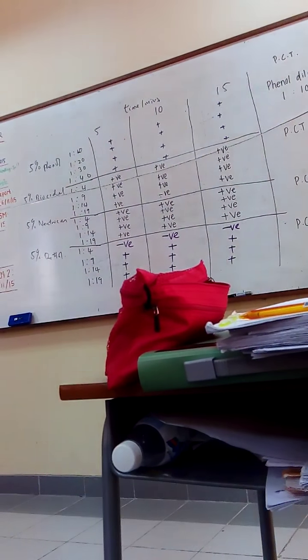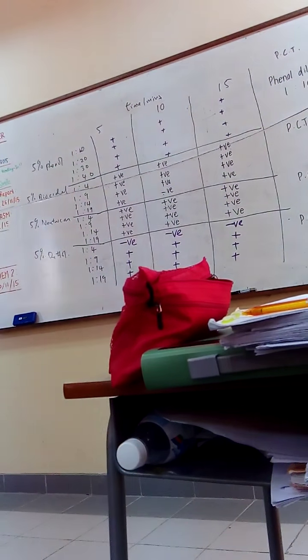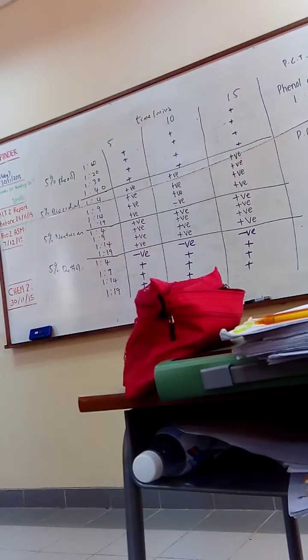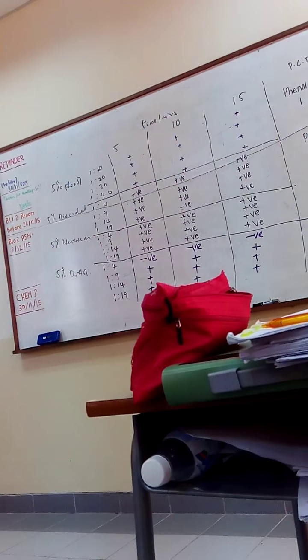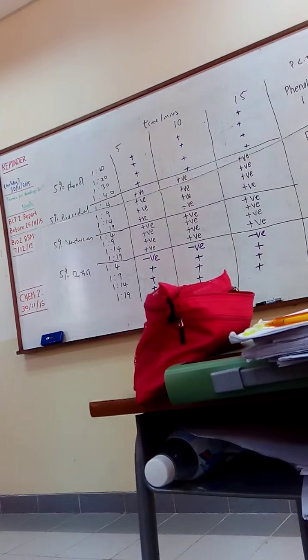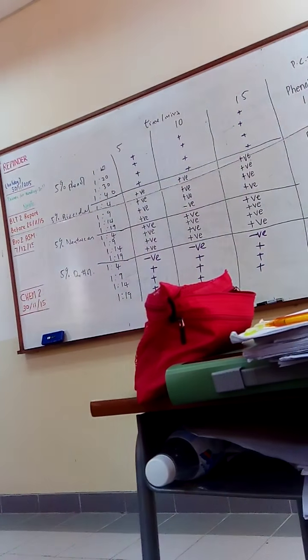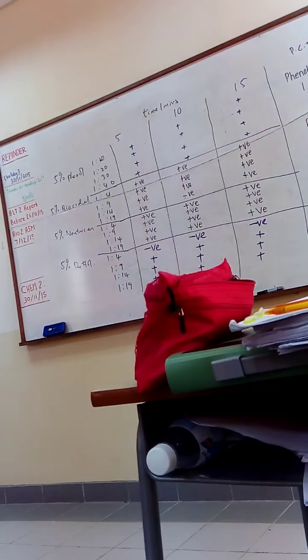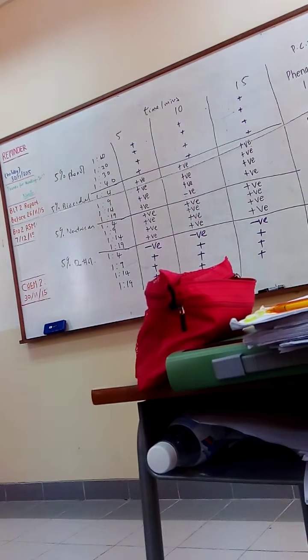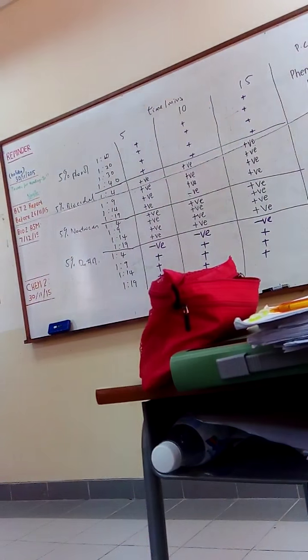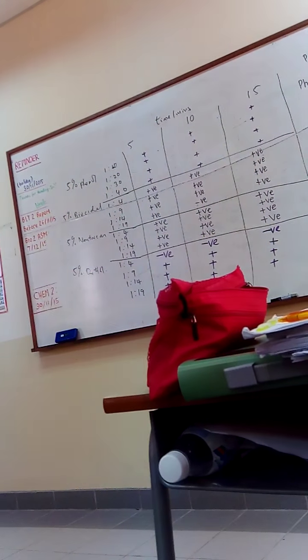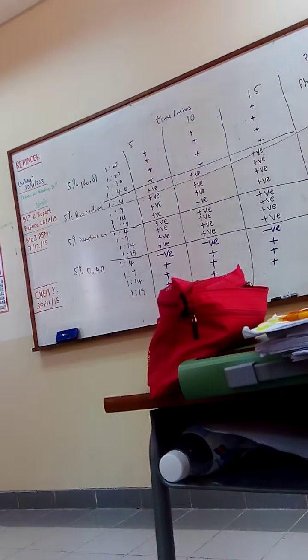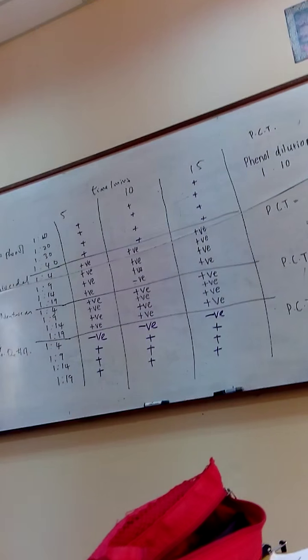Okay? The results for phenol earlier were not really right. It should have shown a negative result, because it should be stronger, right? Phenol is the standard one, because biocidal, Nitrocon, and Dettol are made of phenol too.